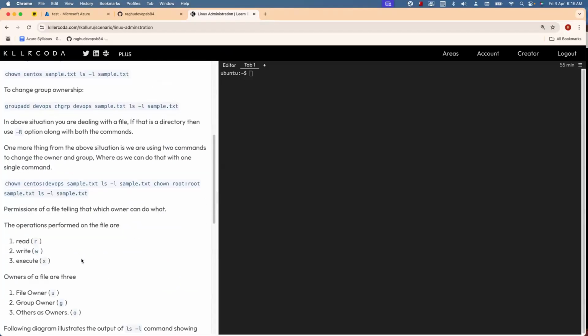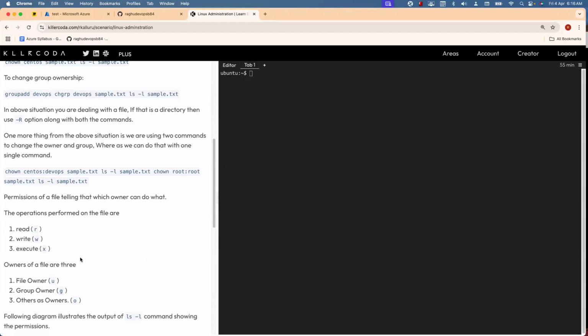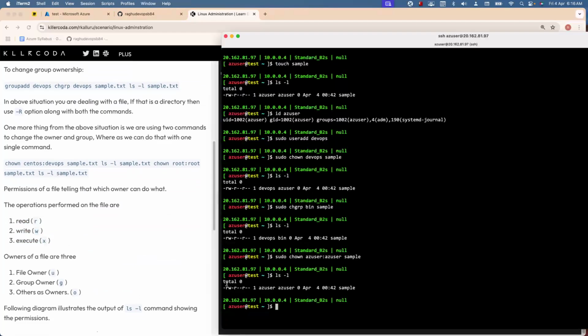The file permissions you deal with by using the chmod command. In the permissions, you have three types: read, write, execute. Coming to the left side, the first character determines the type of the file.